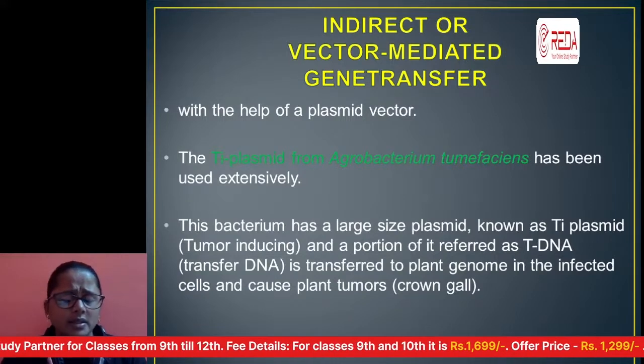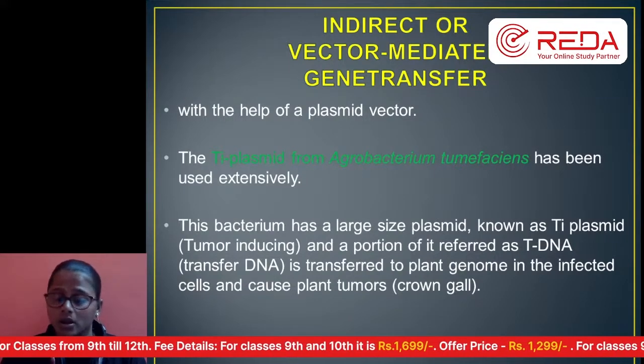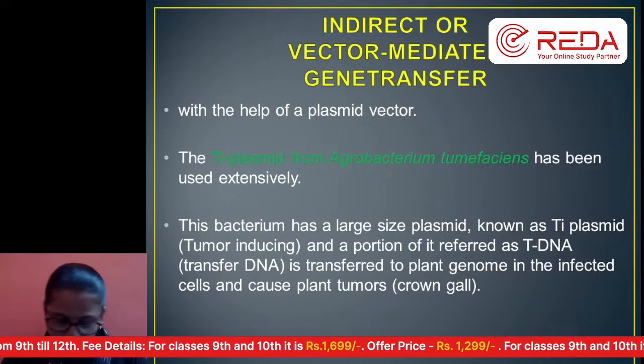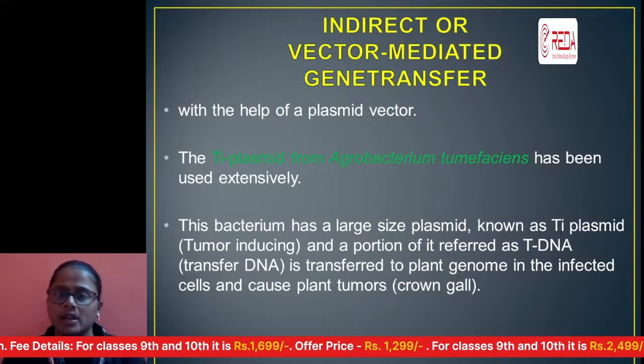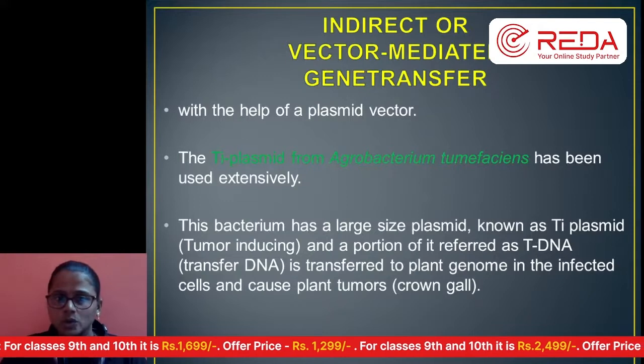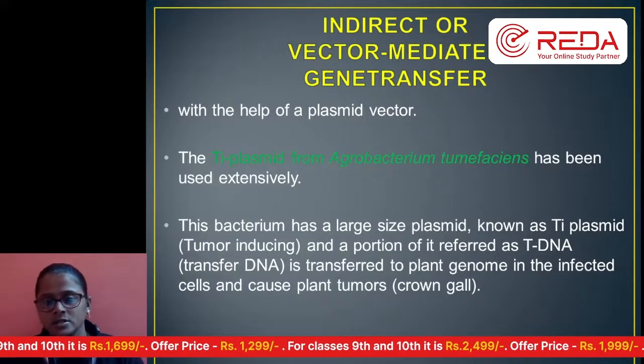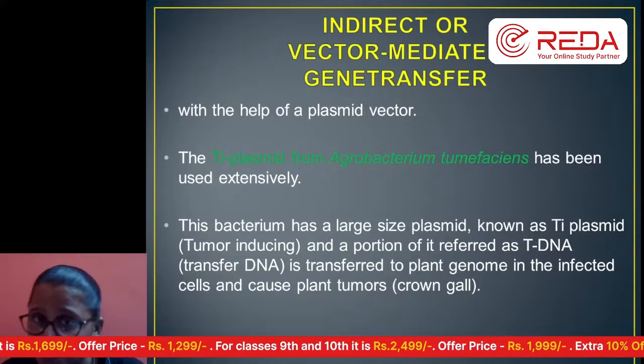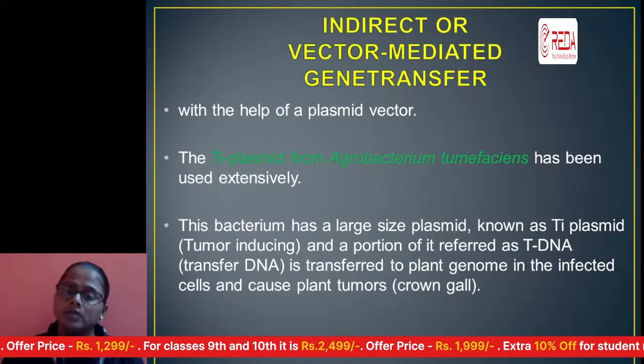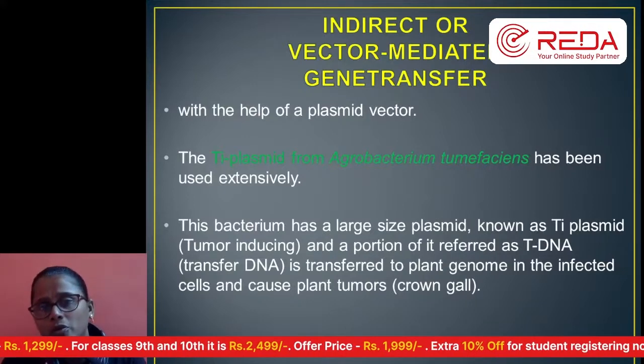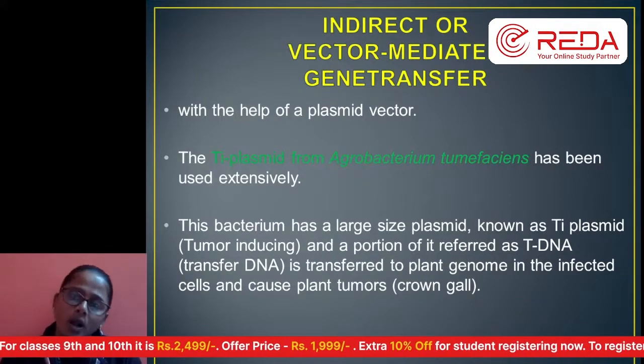The next method is indirect or vector mediated gene transfer. Here we definitely need a vector. So a plasmid vector can be used. We discussed this Ti plasmid already in session number 3. Agrobacterium tumefaciens causes the crown gall syndrome.